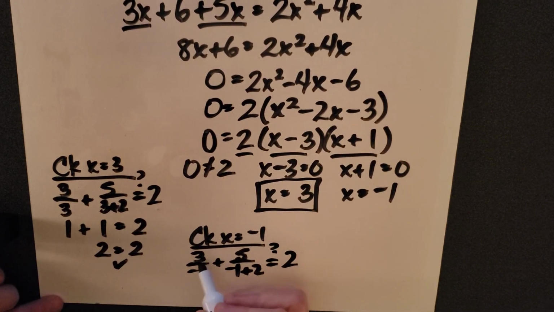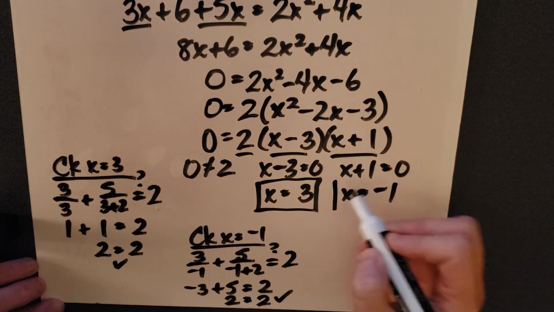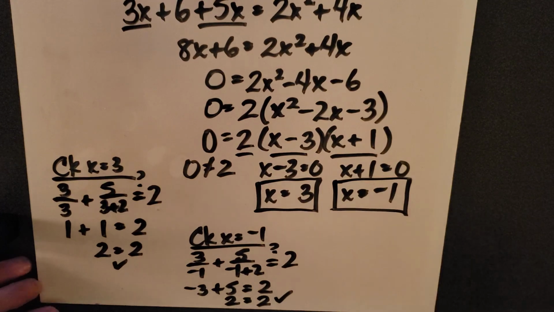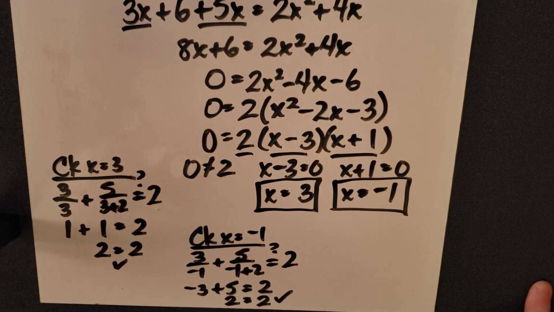Okay, so 3 over -1 is -3, -1 plus 2 is 1, and 5 over 1 is just 5. And of course, -3 plus 5 is 2. So I have that 2 equals 2. This solution also checks out. So I'm going to go ahead and put a box around it. Okay? And all of this work is required in order to solve rational equations.